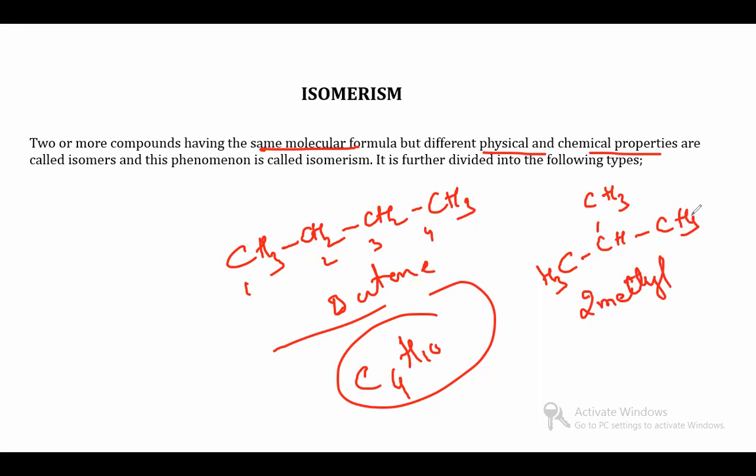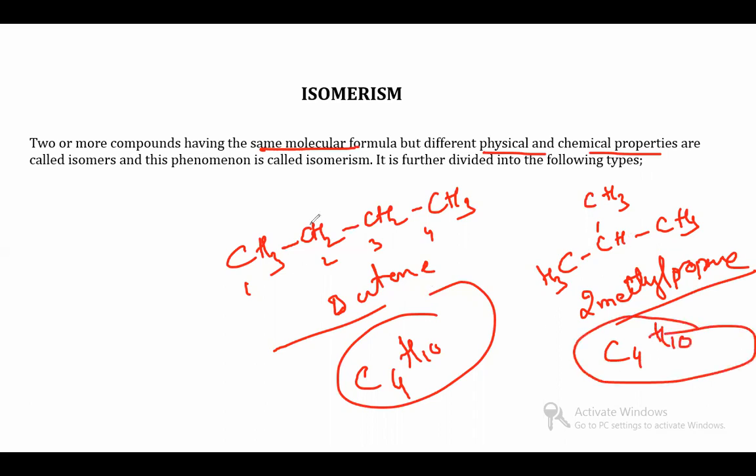And what about the main chain? 3 carbons and single bonds, propane. So 2-methyl propane. How many carbon atoms? 1, 2, 3, 4. And how many hydrogens? 3, 3, 3, so 3 plus 3 plus 3, 9, plus 1, 10.